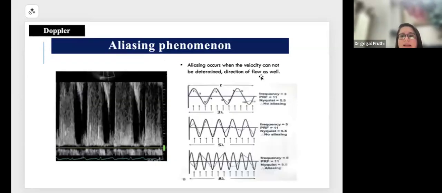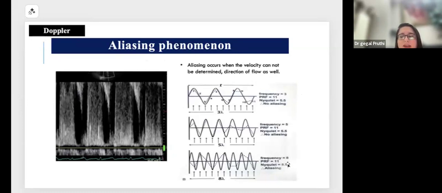So if you understand aliasing, in aliasing, you do not get the proper velocity and direction of flow. Why? Because you have reached your upper limit and your frequency is more. In this figure, you can see the frequency is 8 and your pulse repetition frequency is 11. So Nyquist limit is half, that is 5.5.